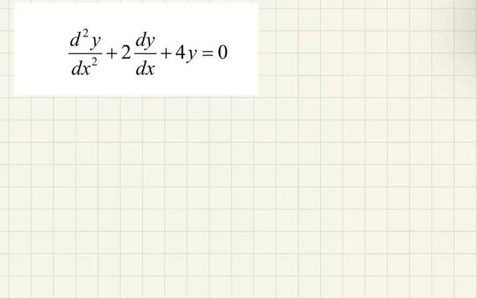d squared y over dx squared plus 2 dy/dx plus 4y equal to 0. So first thing first, as usual, transform into the characteristic equation.